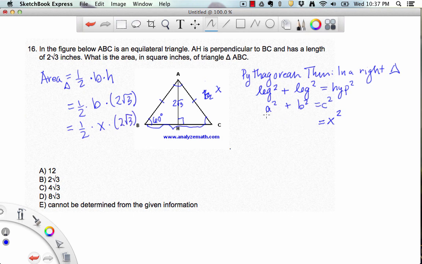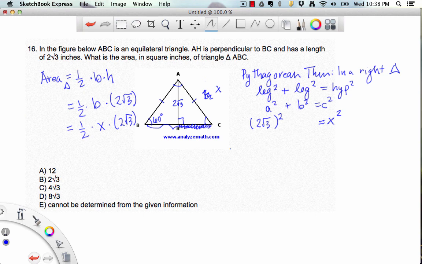Okay, so what are the two legs? Well, we've got this leg, 2 root 3. And we've got this leg, which is just part of it. Right, so we're looking for just this part here.